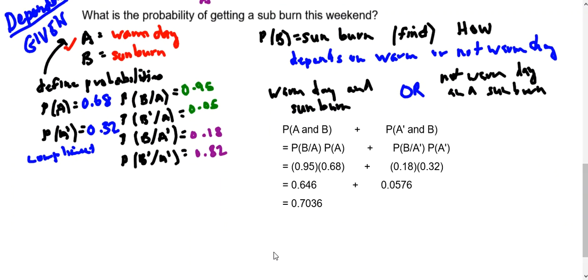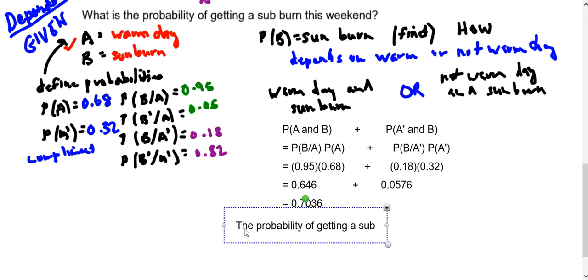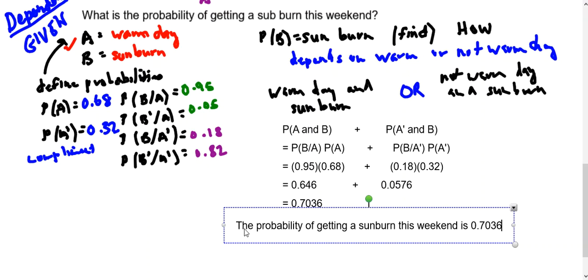All right. Therefore, the probability of getting a sunburn this weekend is 0.7036, or about 70%, because it's going to be warm this weekend. 68% chance of being warm, 32% being cool.